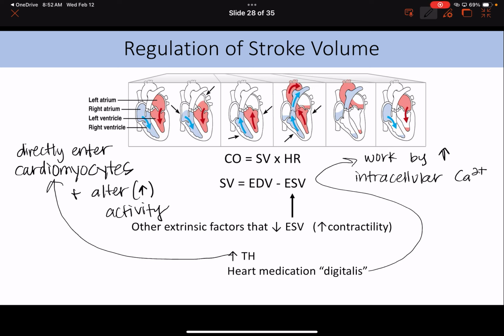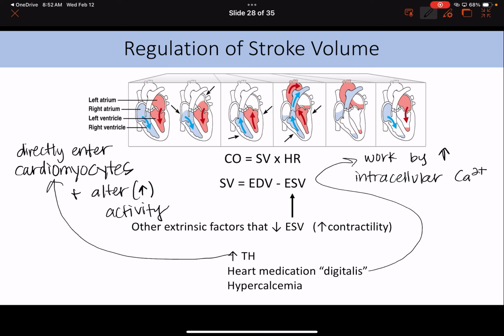And then one last way to increase contractility is hypercalcemia. If you're hypercalcemic, your blood has more calcium than normal. That means that more calcium can leak into your cardiac cells, which means that the cardiac cells can contract harder. Anytime there's more calcium available to the heart, it will contract harder.